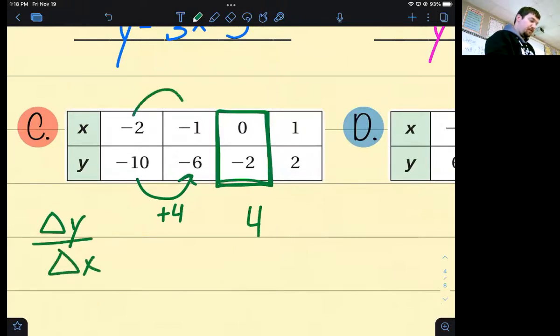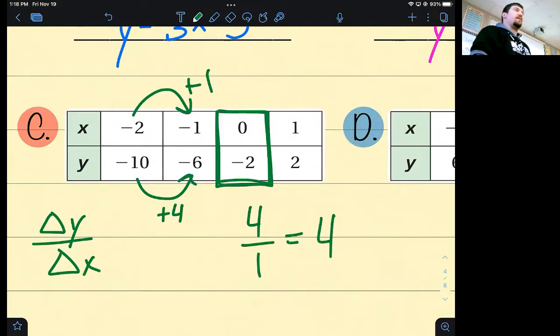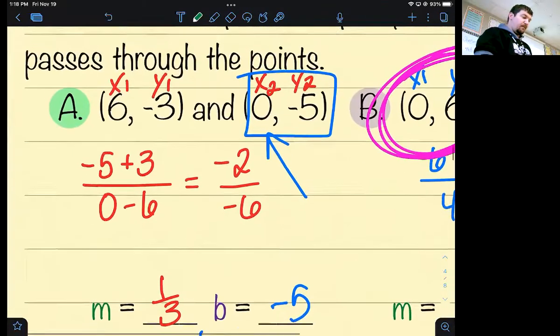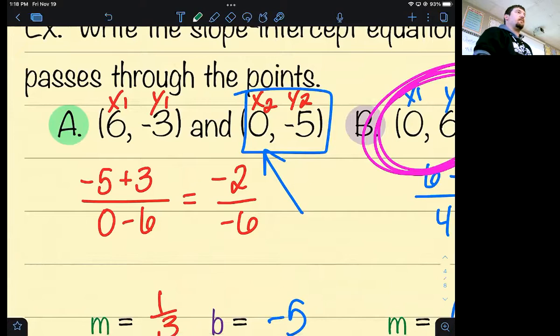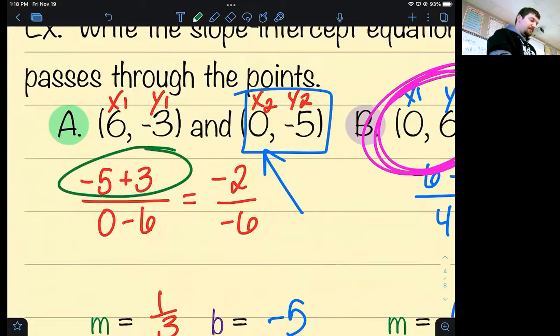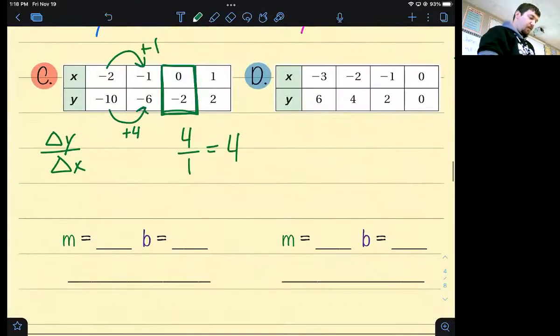To go from -2 to -1, adding 1. So my run is 1. What's 4 over 1 reduced to? 4. I'm doing the same thing as above, but on a table it's easier without having to write the subtraction out. So my slope is 4.